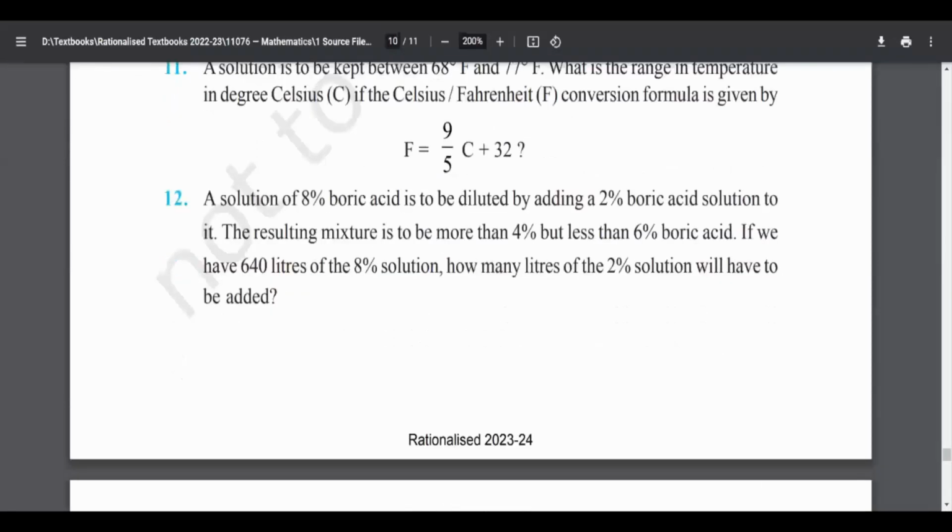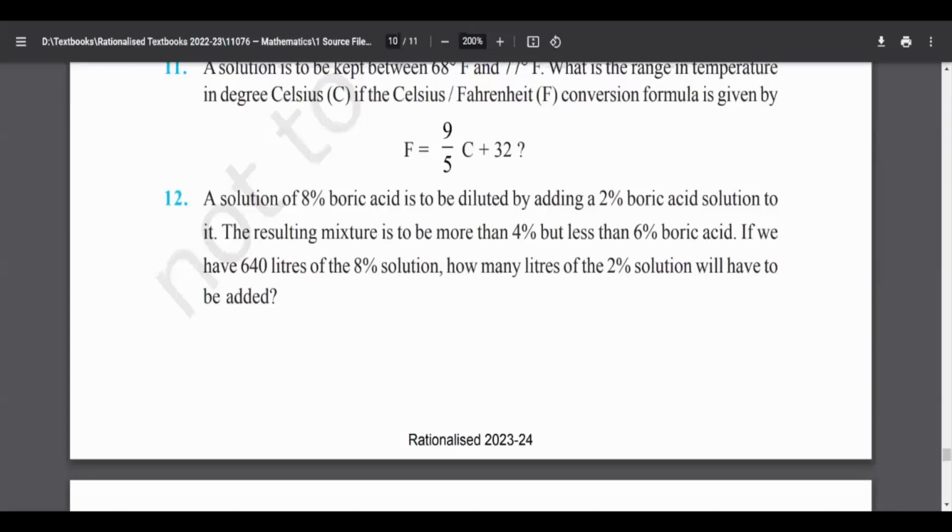In question number 12, what we have been given is that a solution of 8% boric acid is to be diluted by adding 2% boric acid. The resultant mixture is to be more than 4% but less than 6% boric acid. If we have 640 liters of 8% solution, how many liters of 2% solution do we have to add?